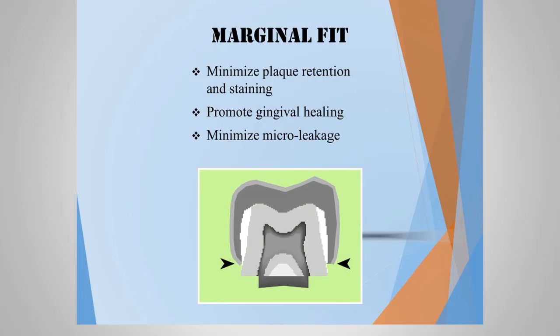Also, having good marginal coverage minimizes microleakage. Microleakage could also disrupt how our temporary cement is seating our temporary crown. So the less microleakage we have, the better chance we have of these temporary crowns staying in place.